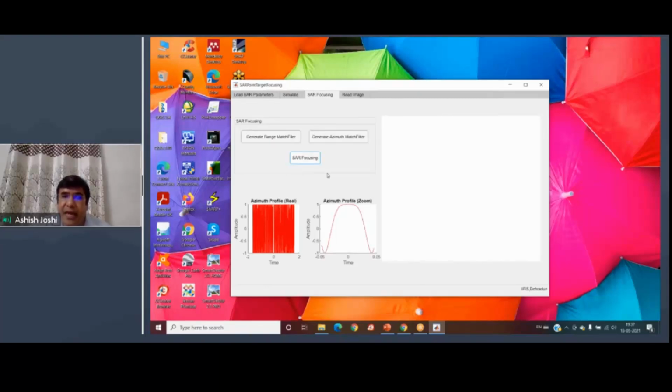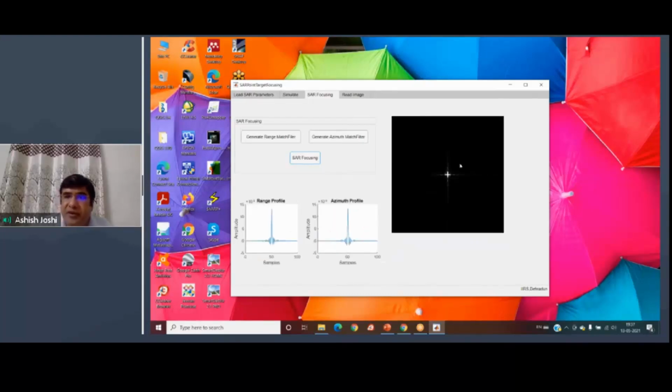It will take some time because it is processing the raw data, and then it will again form a point target. Meaning, what we have done in the simulation, a high point target will be in the center. This way we have focused the target.